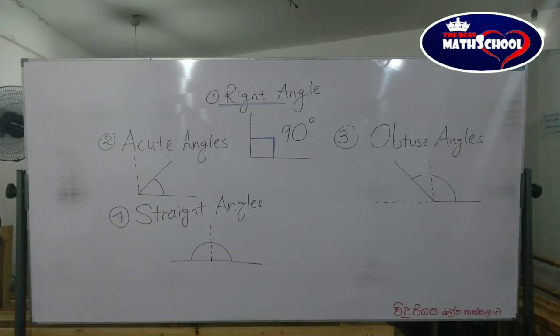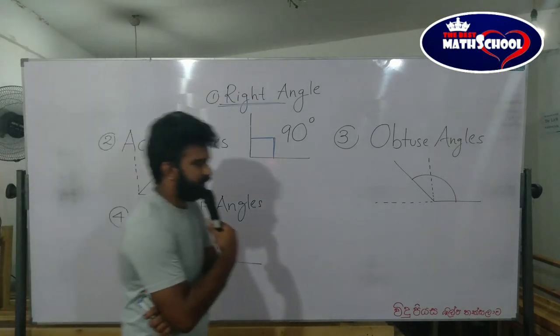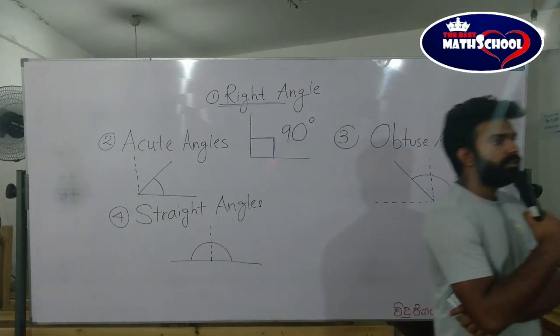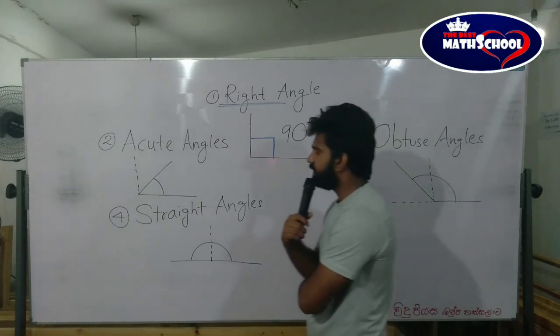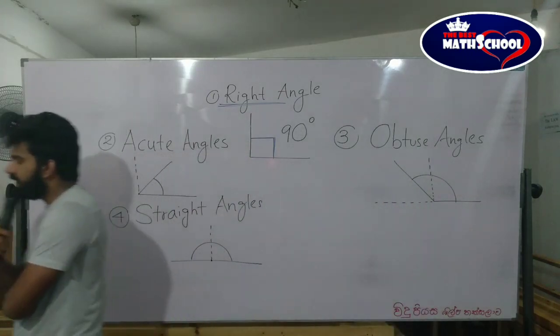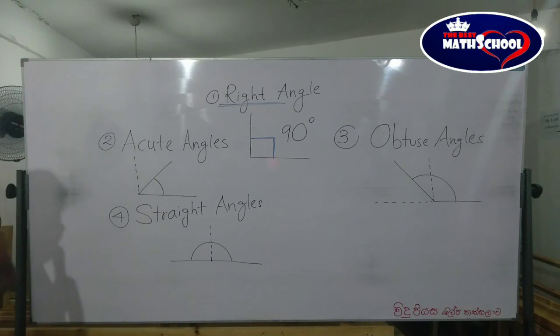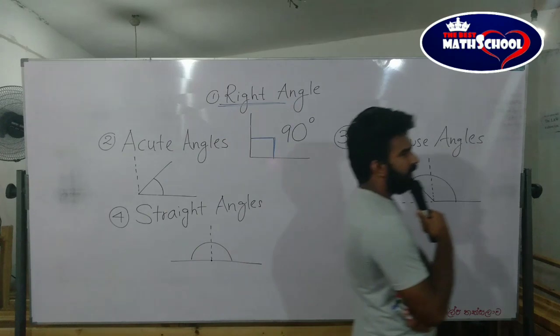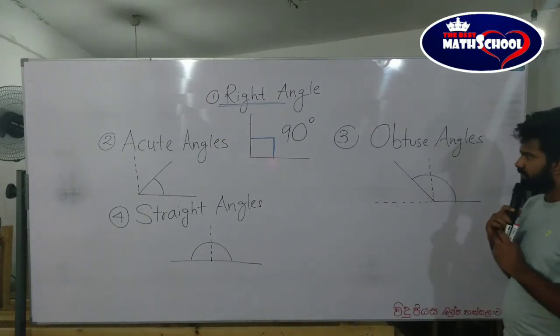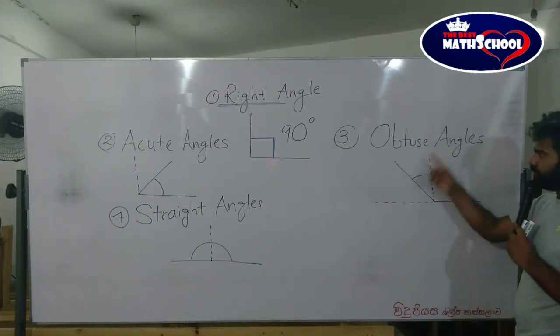Angles which are larger than a right angle and less than a straight angle are known as obtuse angles.